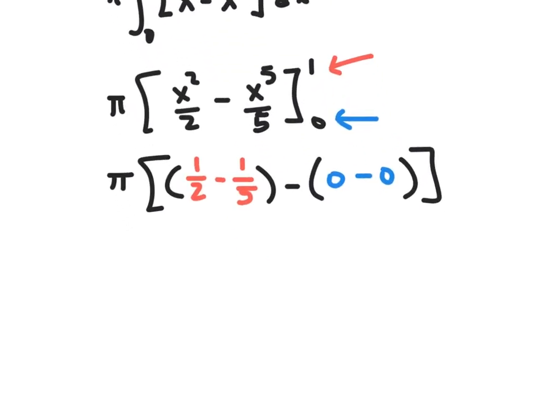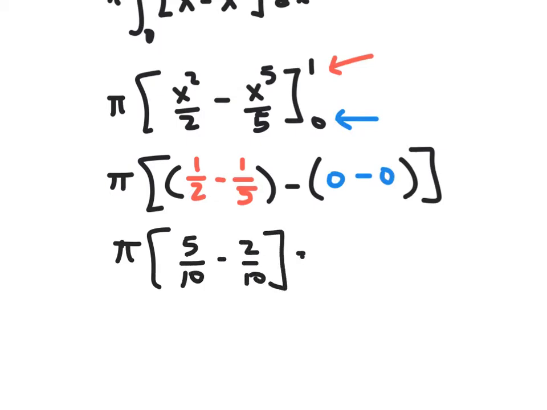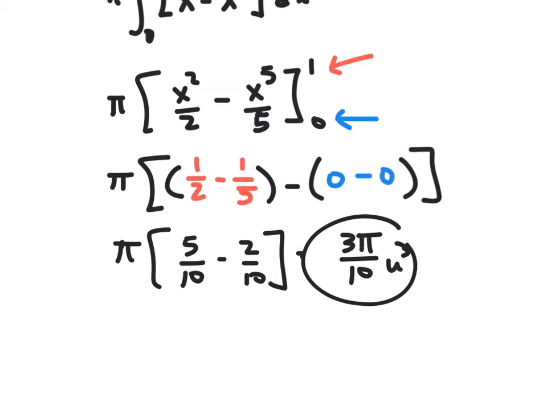Now I can find that volume. That'll be pi times 1/2 minus 1/5, which is 5/10 minus 2/10, which would be 3 pi over 10 units cubed. Perfect. All right, let's move on.